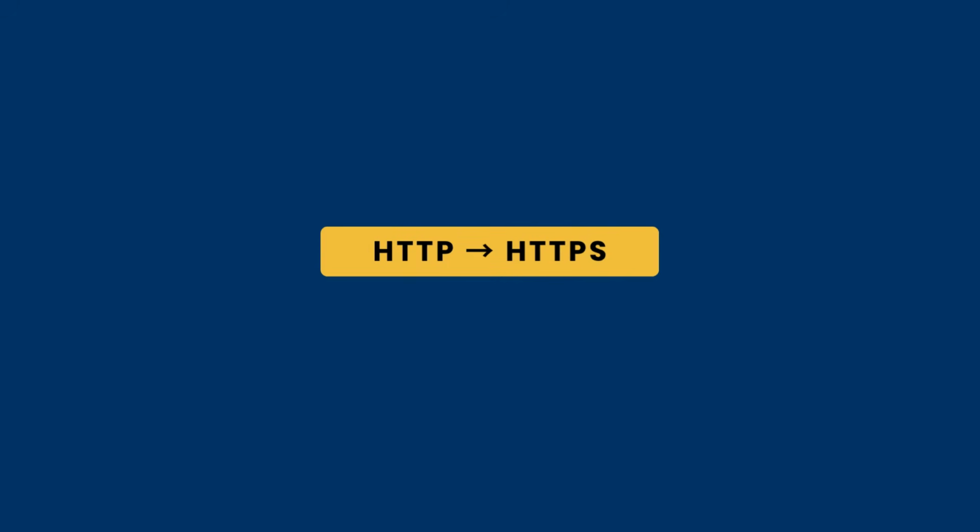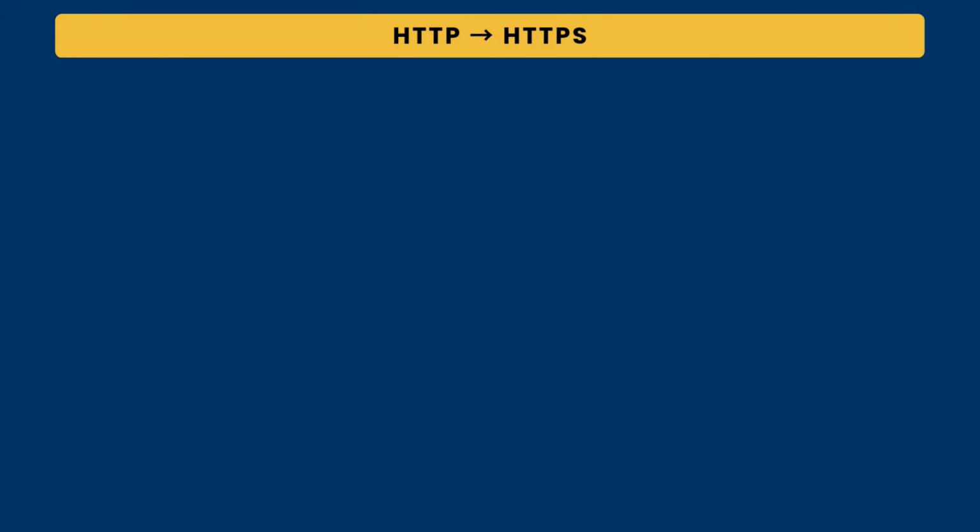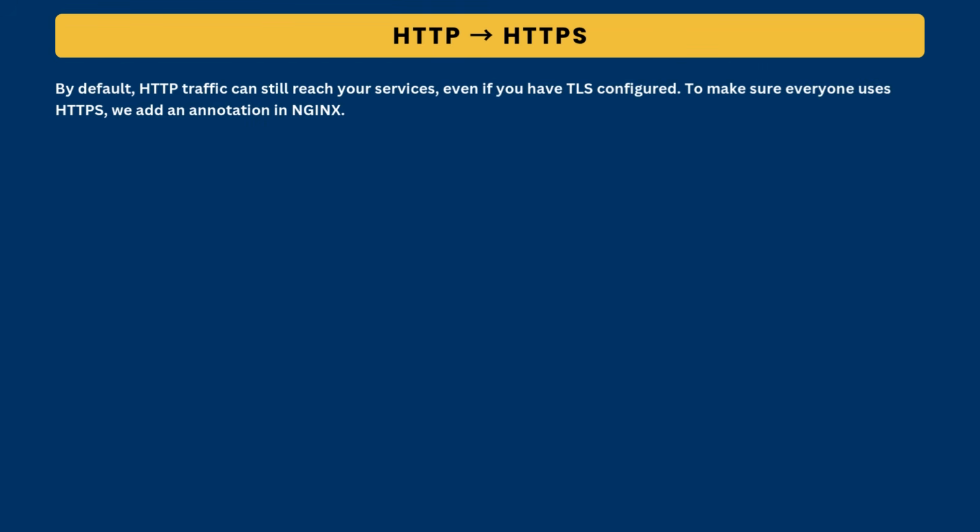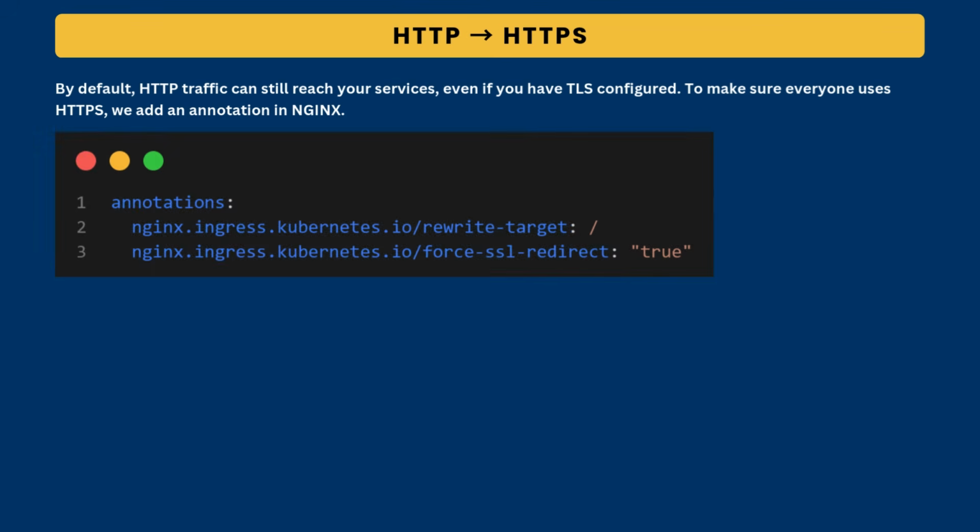The next topic that we have is HTTP to HTTPS redirect. So by default, your HTTP traffic can still reach your services even if you have TLS configured. To make sure everyone uses HTTPS, we add an annotation in NGINX.